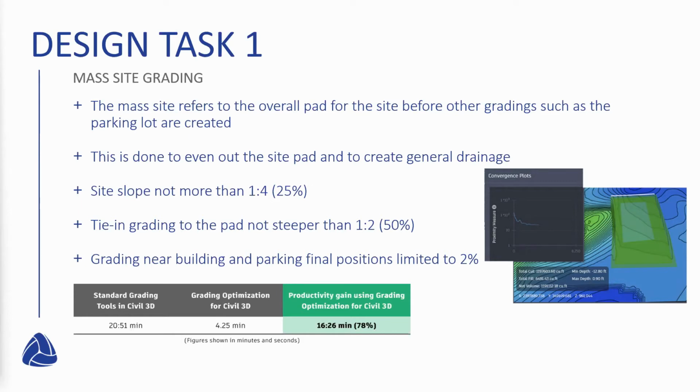And then the tie-in gradings of the pad, that is usually your cut and fill slopes, are not steeper than 1 in 2 or a 50% slope. So that's your cut and fills. And also as a general rule on the site pad, the area near the gradings and the final positions was limited to not exceed a 2% slope.